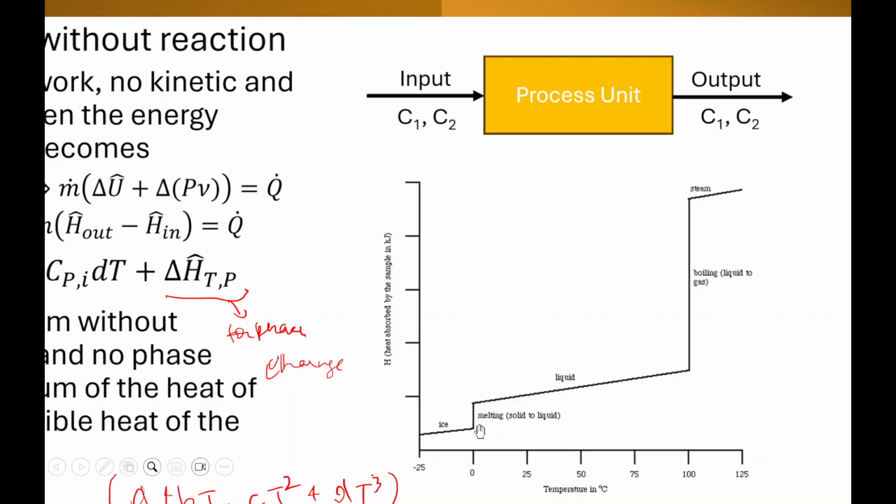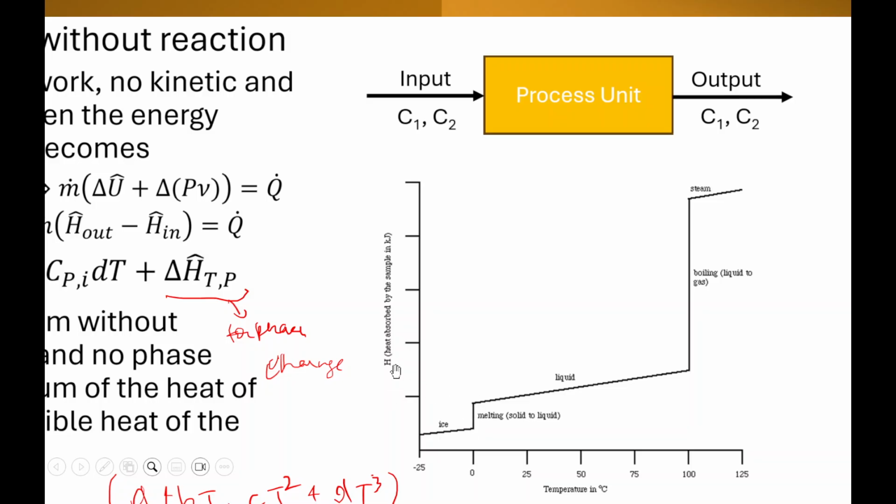At 0 degrees Celsius and at a particular pressure, 1 atm basically, this solid converts into liquid. So there is a phase change occurring here, but at a constant temperature. So this area accounts for sensible heat, and this accounts for the latent heat.